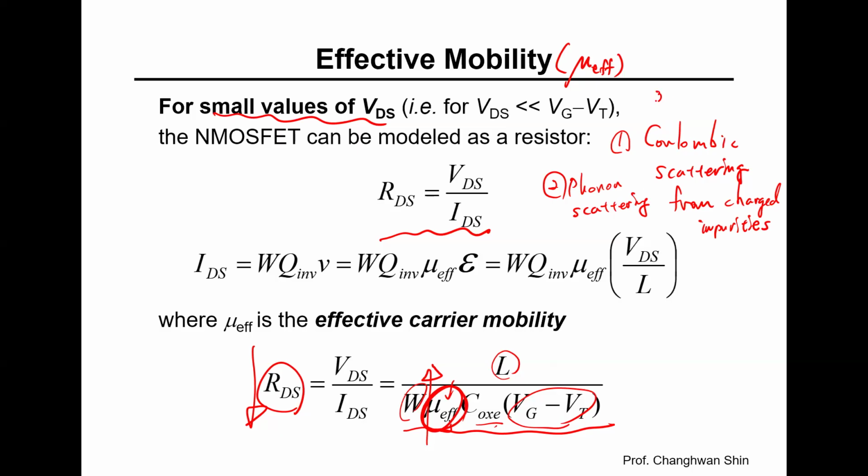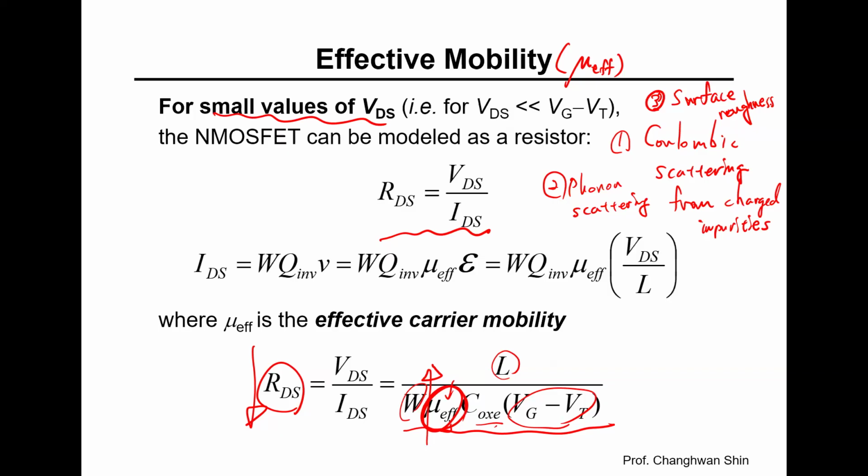And number three is surface roughness scattering, which comes from the silicon oxide interface, definitely.